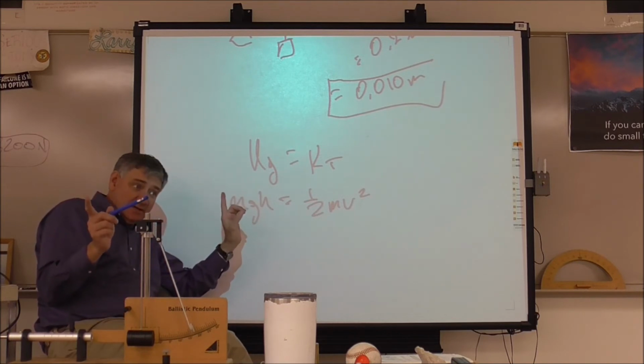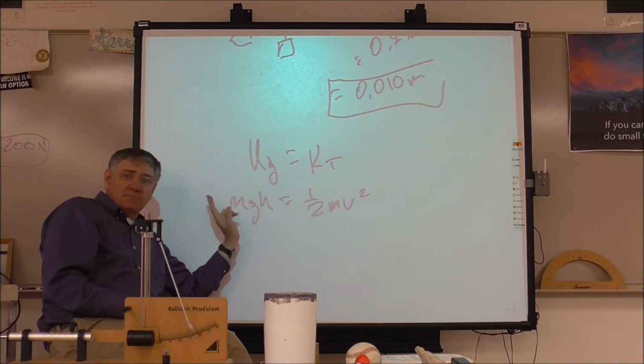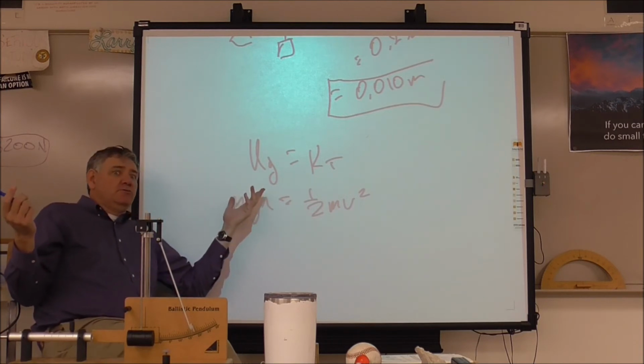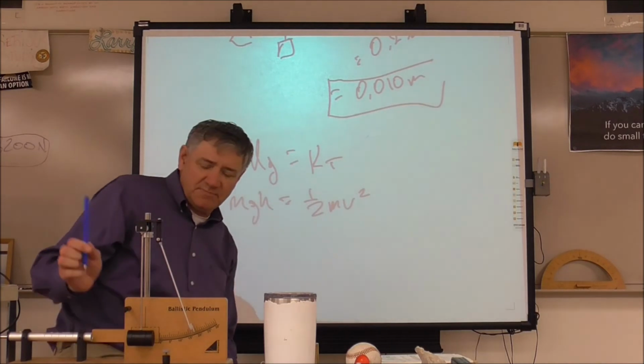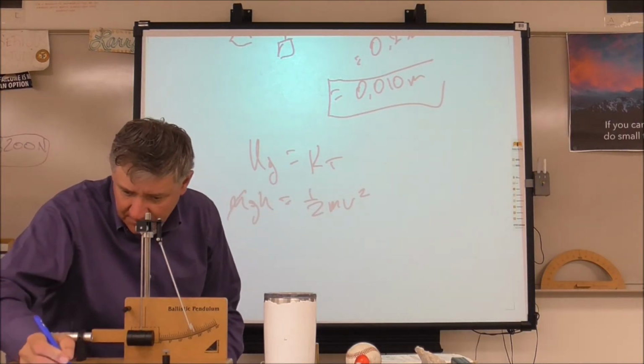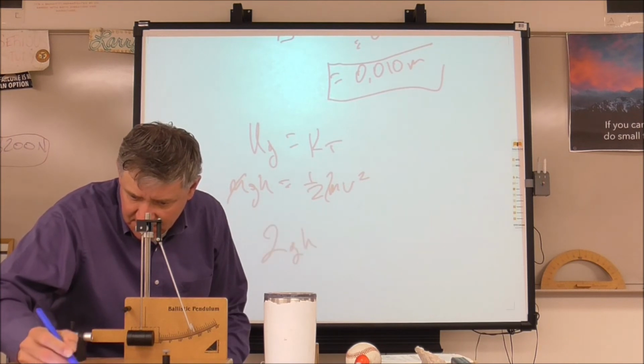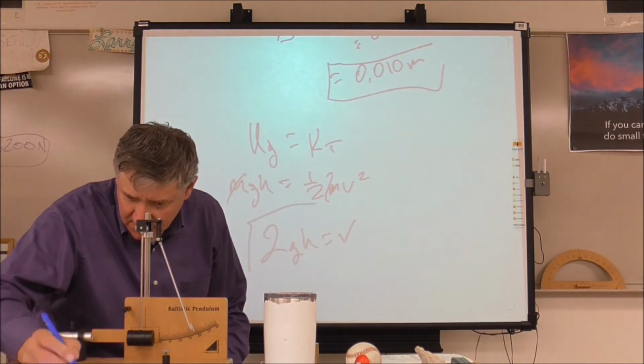Now, the beauty of it is, because it is the combined mass, and they're the same, we can cancel those out. How cool is that? So those masses cancel out, okay? And I get 2gh equals v squared, so v is the square root of that.